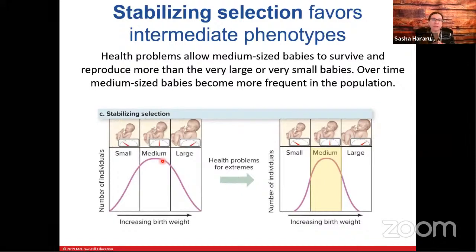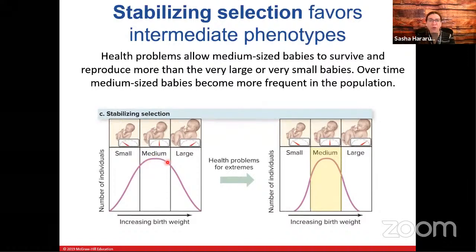So let's say many years ago, children that were born had a bell-shaped distribution. So the x-axis in this case is the birth weight, the y-axis is the number of individuals. So a low number of individuals are born with low weight, a low number of individuals are born with heavy weight, and most of the babies that are born have some average weight.